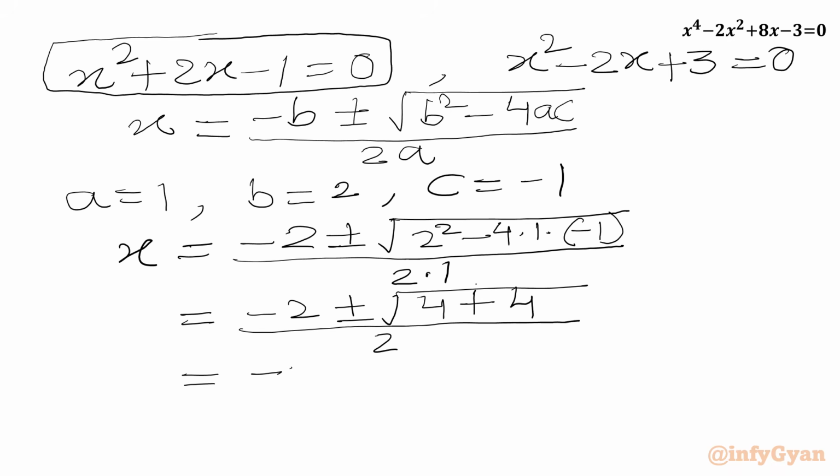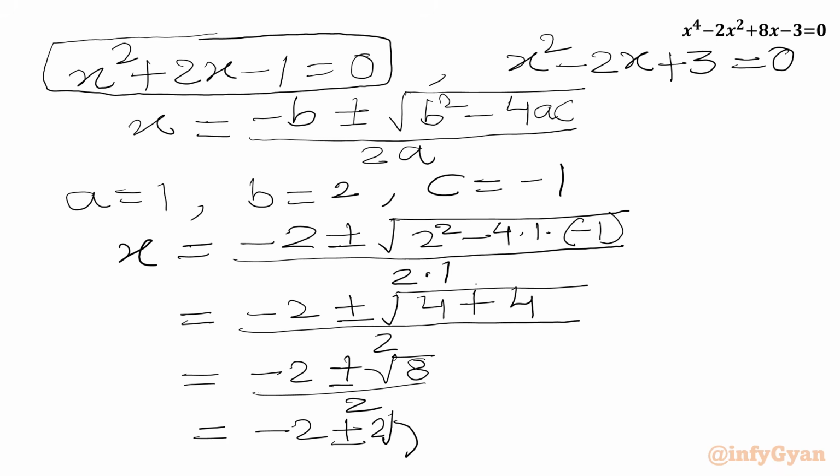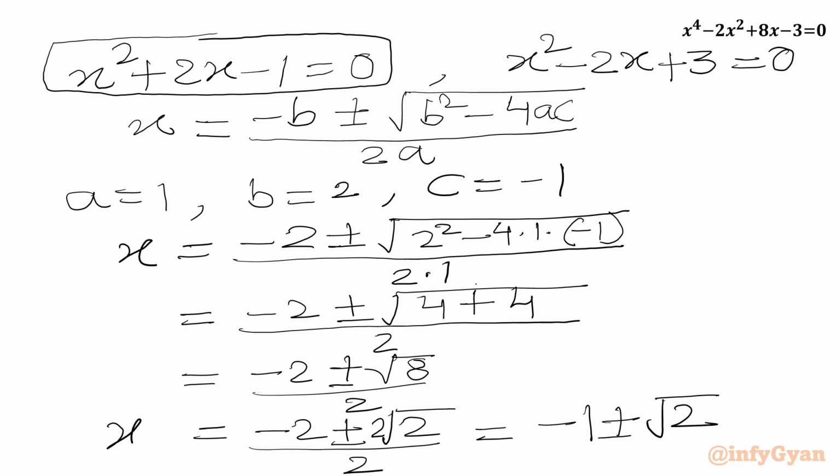So we will write minus 2 plus minus square root of 8 over 2. Square root of 8 can be written as 2 root 2. So minus 2 plus minus 2 root 2 over 2. Now we will divide numerator by 2 and we will get minus 1 plus minus square root 2. So we have the first two real solutions, minus 1 plus root 2 and minus 1 minus root 2.